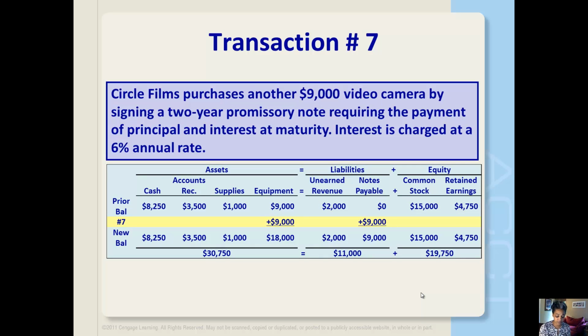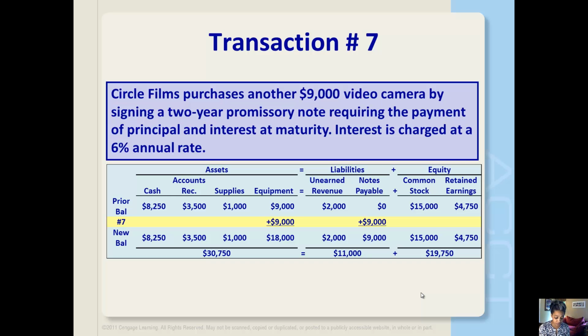In transaction number 7, interest is charged at a 6% annual rate because they took out this promissory note to buy the video camera. So this one is a little bit like transaction number 2. In transaction number 2, remember, they bought a video camera and memory cards, but they paid cash. This time, they're using debt, let's say.